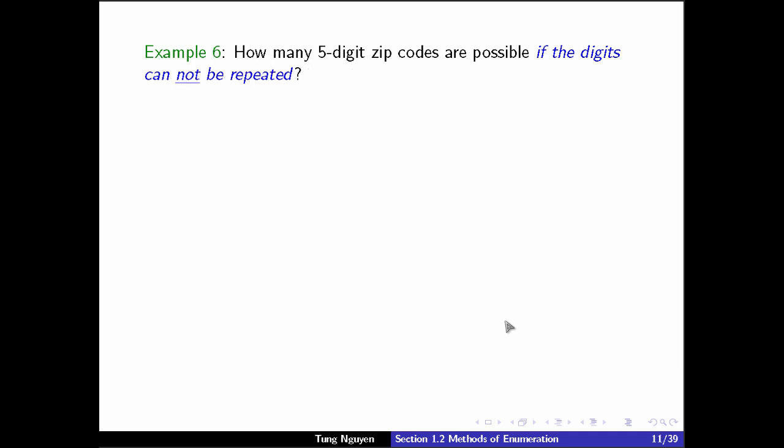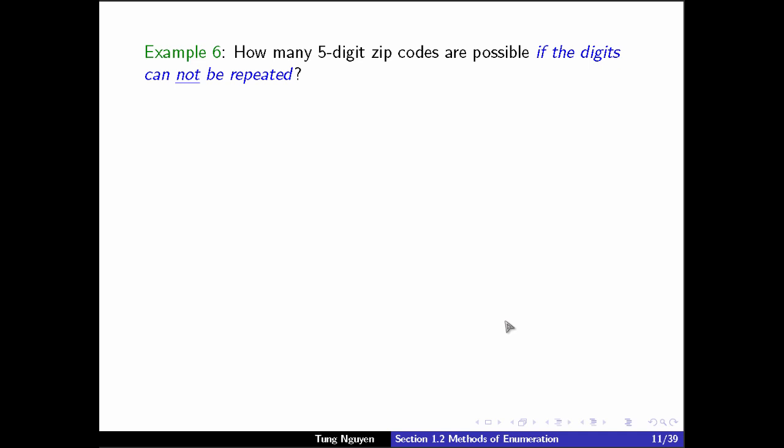Okay. In example 6, we have a different kind of restriction. This time the digits are not allowed to repeat. So still the same question, how many 5-digit zip codes can we create with such a restriction.